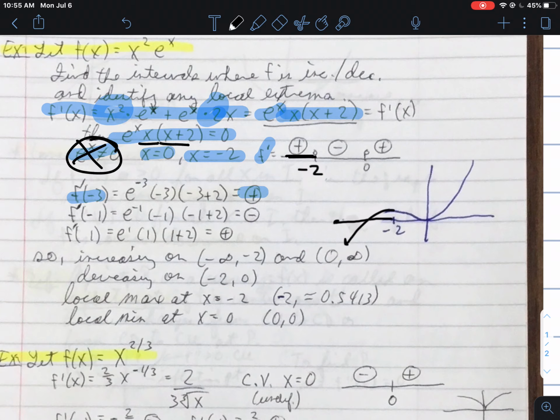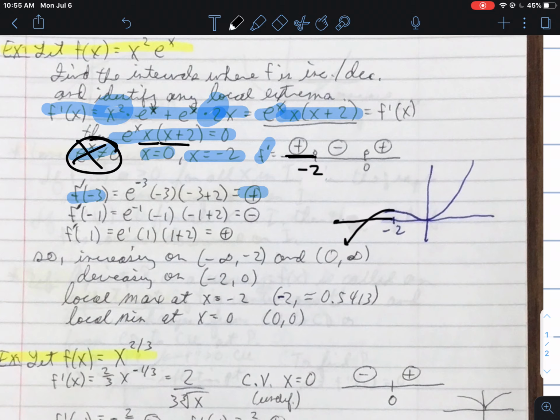So we know that the function is decreasing on that interval. If I plug 1 into that derivative, I will get a positive value. So now I know that the function is increasing on that interval. So we're decreasing on the interval from -infinity to 0, and then we're increasing on the interval from 0 to infinity.